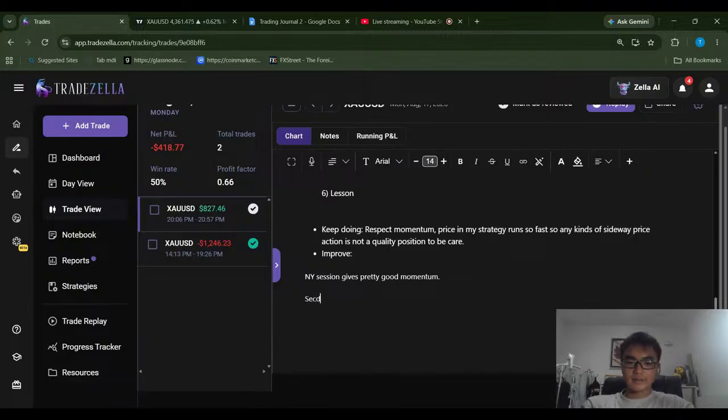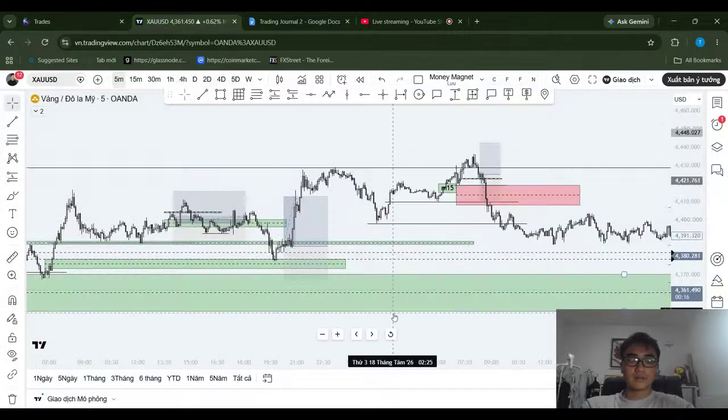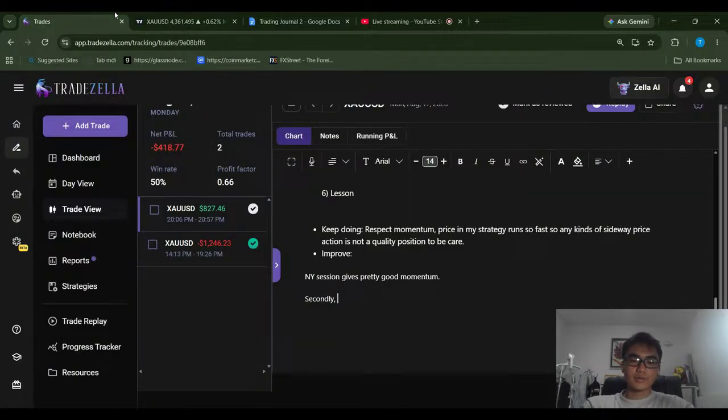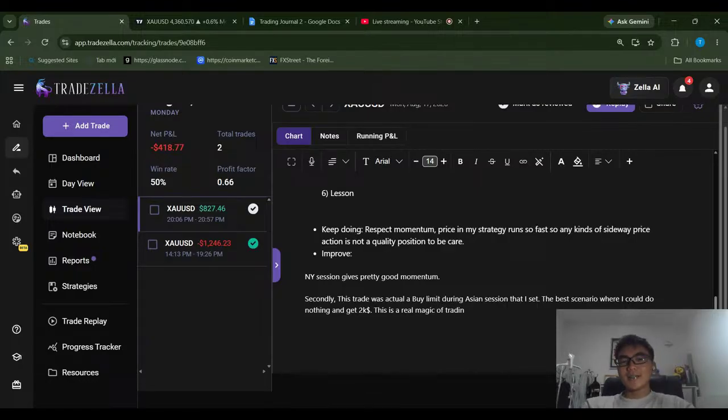Another thing, secondly, in the Asian session I just set the buy limit for this trade.